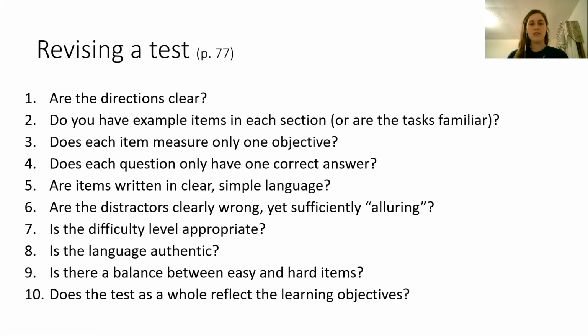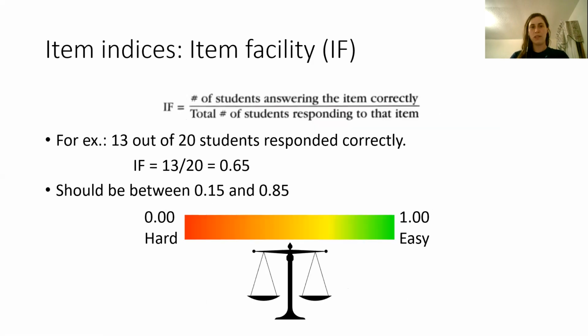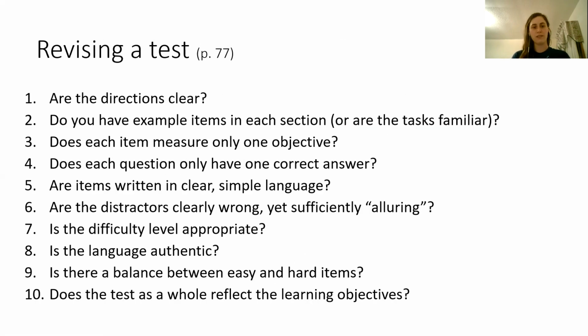The distractors should be clearly wrong, but also sufficiently alluring. The difficulty level should be appropriate, which you can measure with item facility, well, after the test is taken. The language should be authentic. And like we've read earlier, it's really great whenever you can have some sort of thematic organization.